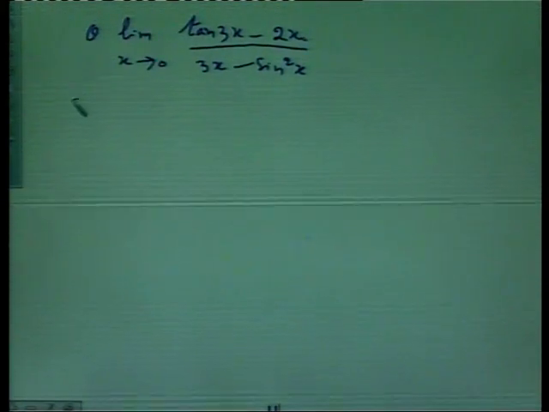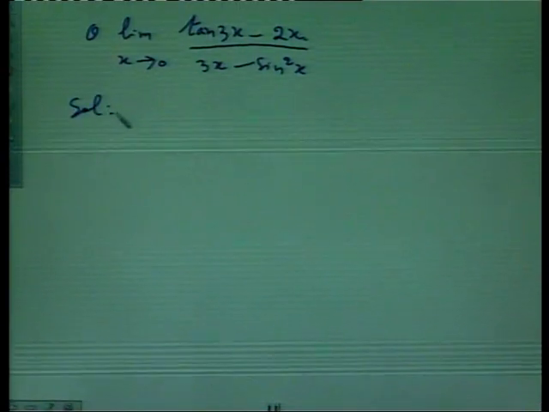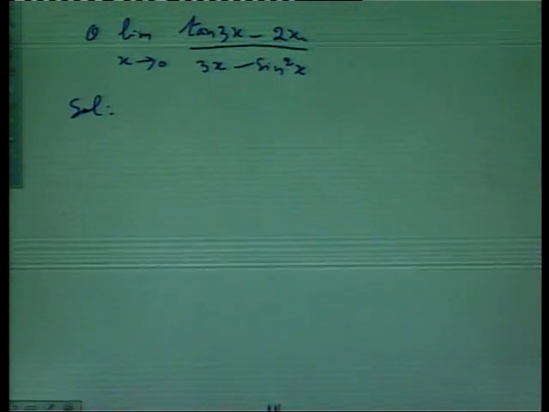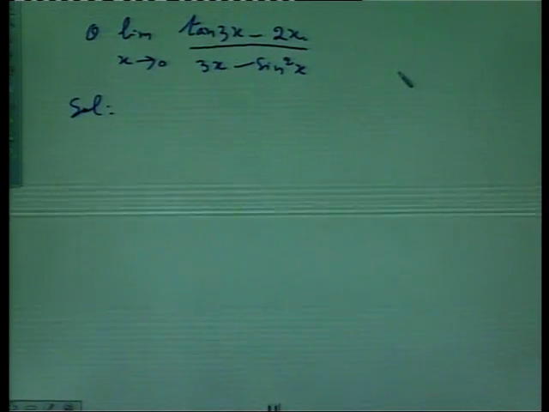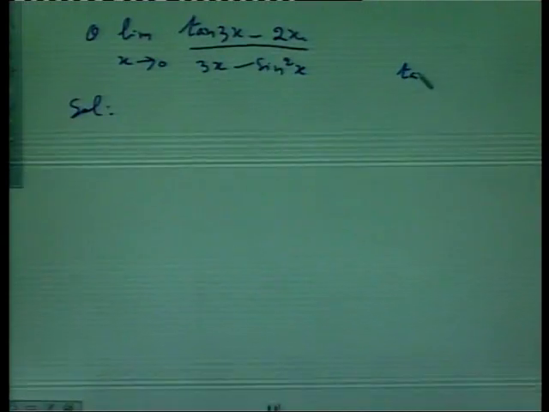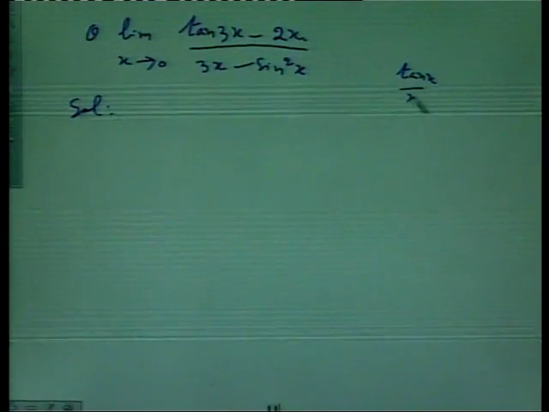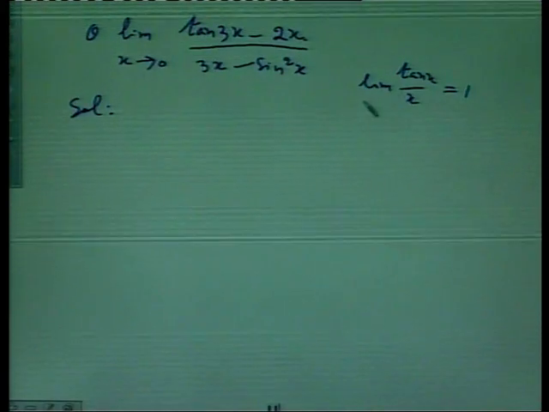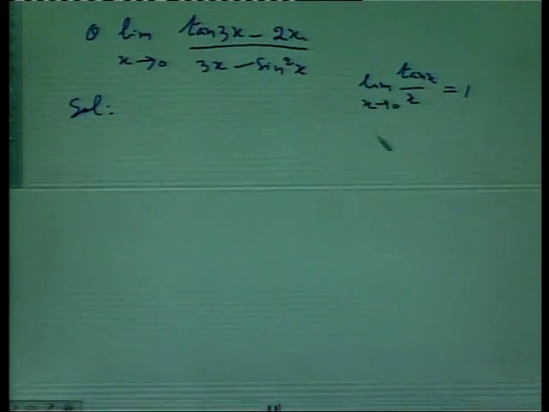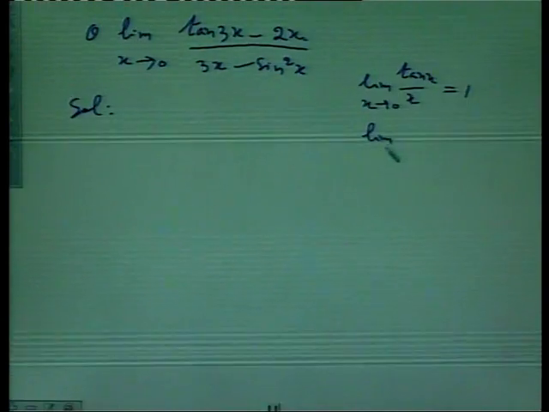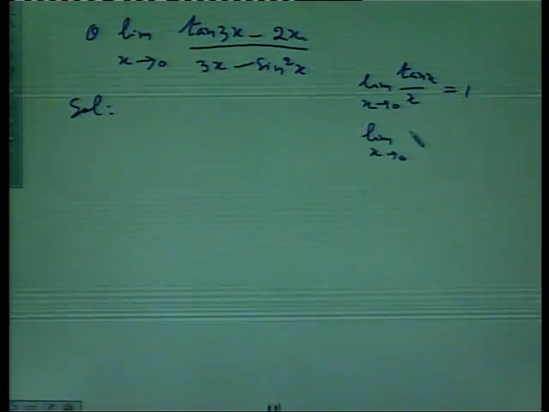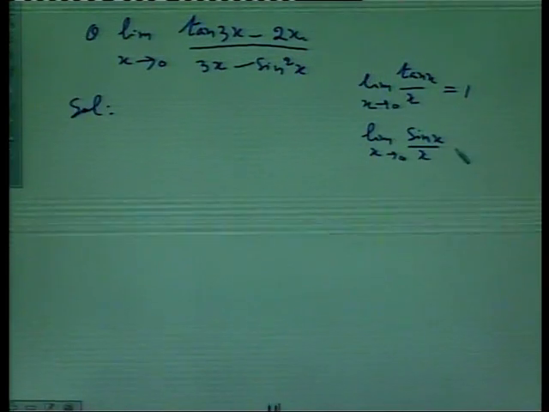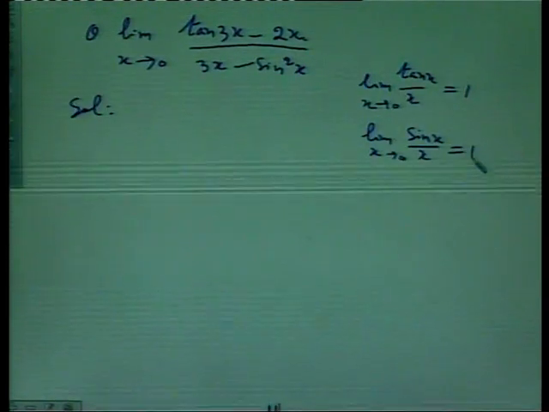Now again the question is the same. We try to take these two limits: tan x upon x equal to 1 when x tends to 0, and limit x tends to 0 sin x upon x is equal to 1.